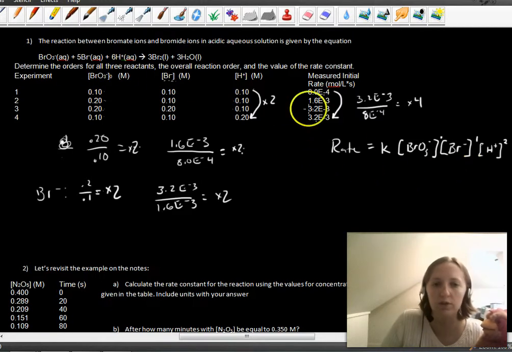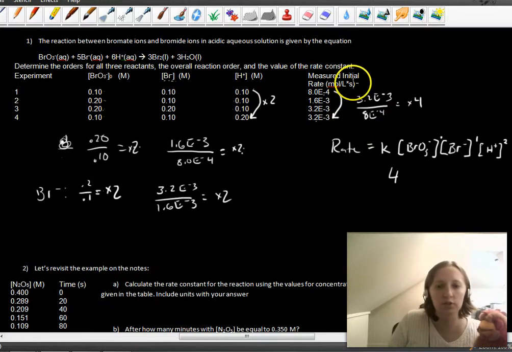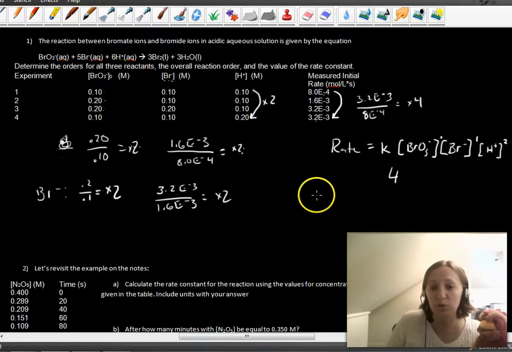So the orders for all three reactants are 1 for bromate, 1 for bromide, and 2 for hydrogen ions. What else do we need? The overall reaction order is 1 plus 1 plus 2, so the overall reaction order is 4. And the value of the rate constant, you actually have to stick the numbers in. So let's pick one and solve for k. So let's just do experiment 1, I suppose.